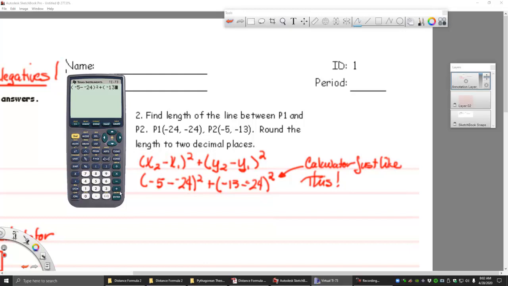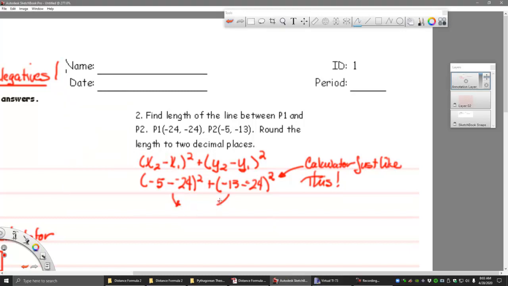So -13, subtract a -24, and then I square that, and the calculator's going to combine that all into one thing, and both those numbers simplify to 482. Now I'm going to take the square root of 482, and that will be my answer for number 2.